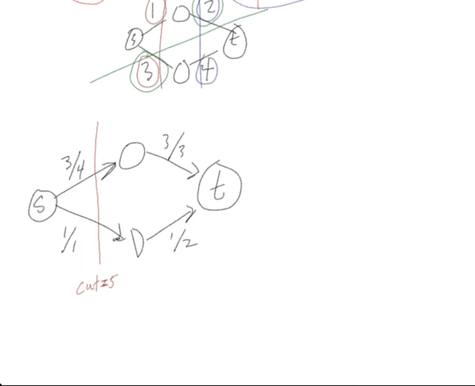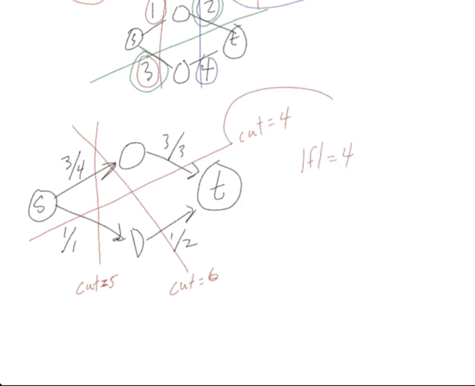Okay, let's look at, say, this cut here. Let's see, capacities, 4 plus 2 is 6. Let's look at this cut here. And oh look, there's 4. And if you look back, we saw that we could come up with a flow of 4.